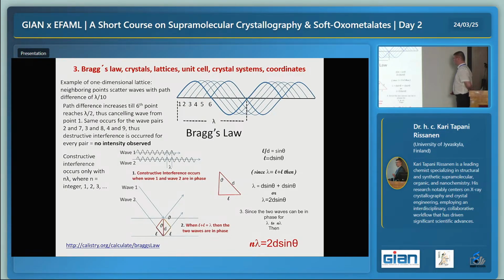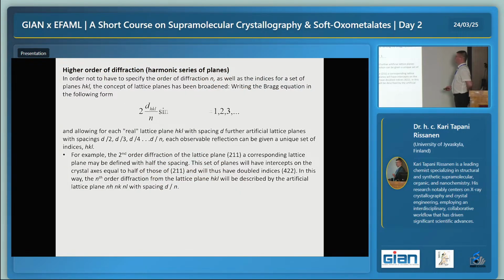So this is in principle the idea of how you can mathematically derive Bragg's law. But this is not very important for us because it is automatically embedded in the computer programs, so we don't have to worry about it too much. But there are also other things, because we can have the n in Bragg's law.